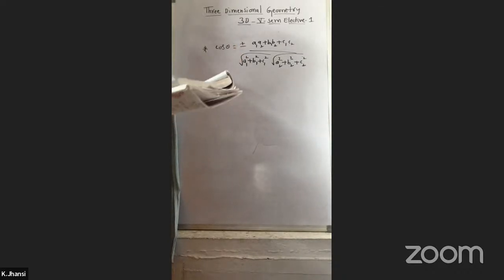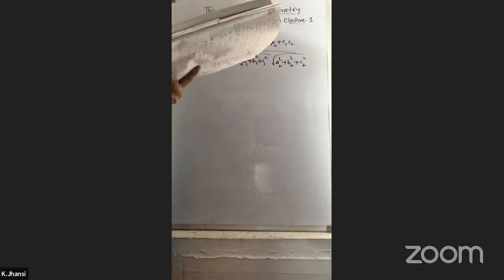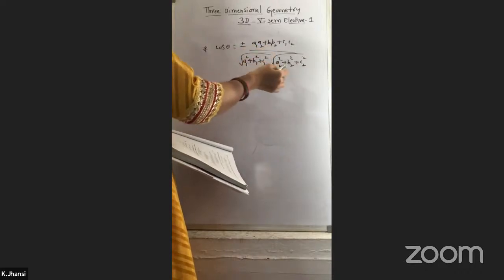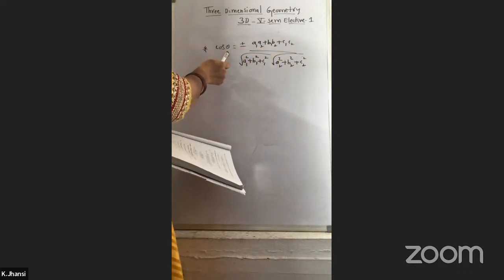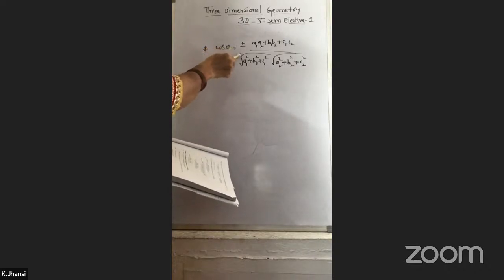Next, the condition of perpendicularity and parallelism. If you know the concept, that's enough for this one. If the given two lines are perpendicular, then cos theta equals 0, since cos 90 is 0. If you do the cross multiplication, this whole thing will be 0.